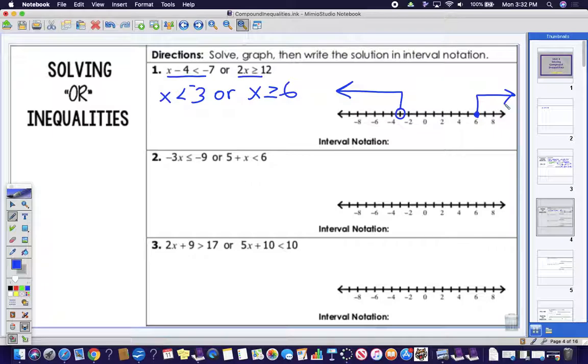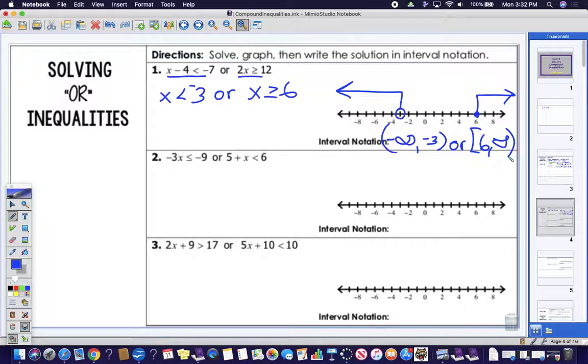So notice again, it's an or, so the two graphs are separate. They don't have anything in common. Now for the interval notation, we would have an open circle on -3 flowing towards negative infinity, or, and then a bracket, because it's a closed circle on 6, and everything shaded towards positive infinity.